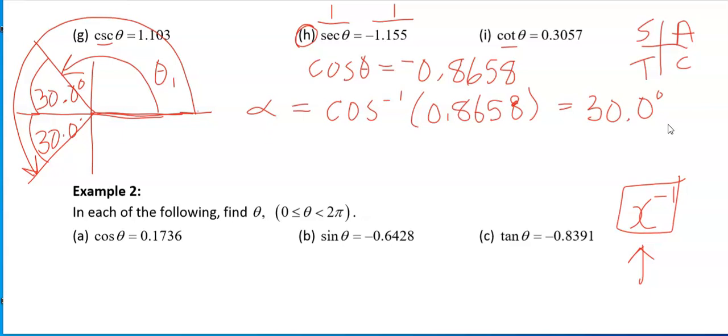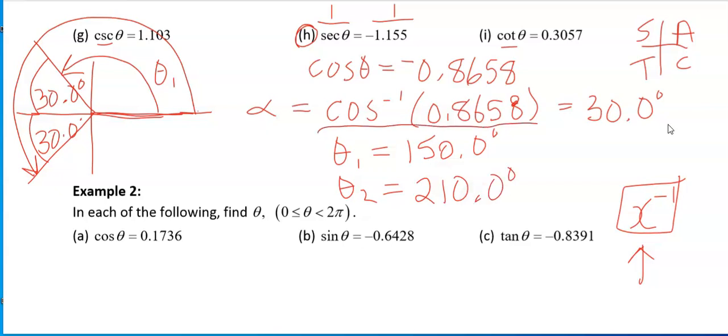So your theta 1, your first solution, is going to be 150.0 degrees. And your theta 2, your second possible solution, is going to be 180 plus 30, and that's going to be 210.0 degrees. All right, so there's your 2 solutions here now. And again, you could check those if you wanted to.